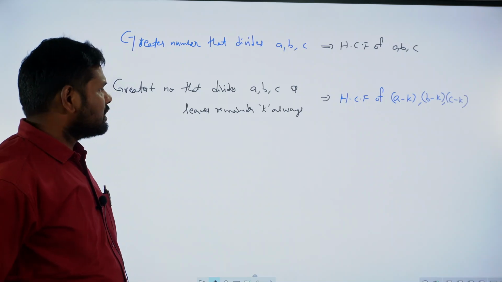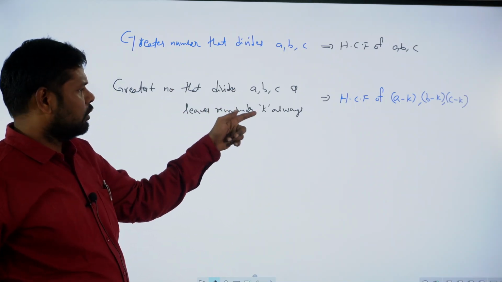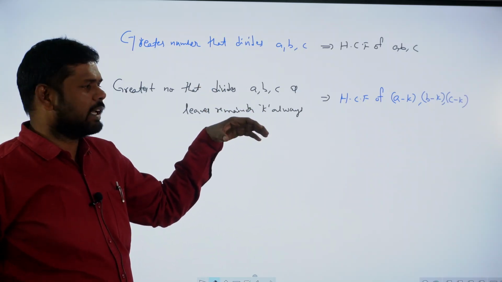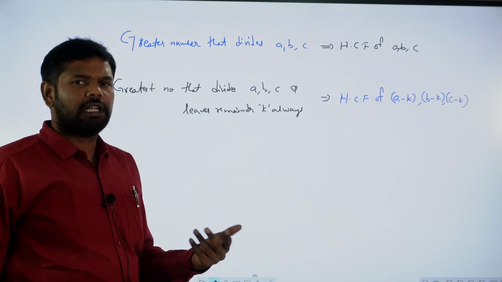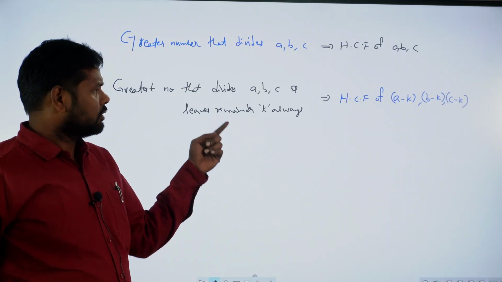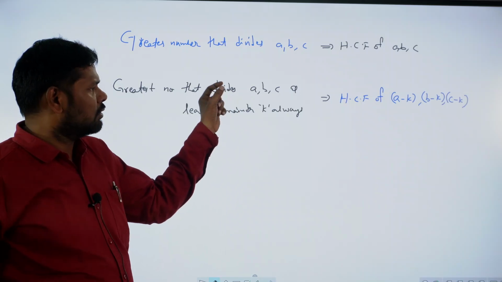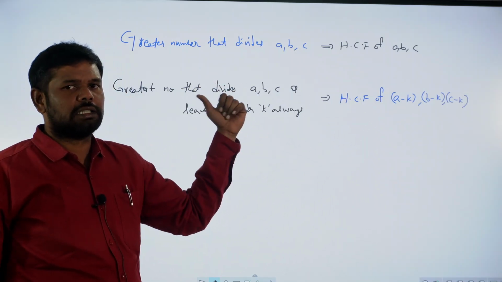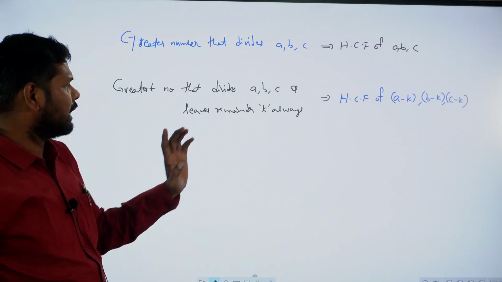Why? Because if you divide A by that number you get K, B by that number K, C by that number K. Always you get K as remainder, so simply subtract that remainder and you get 0. So the resultant HCF is what they are asking: greatest number that divides ABC and leaves remainder K.